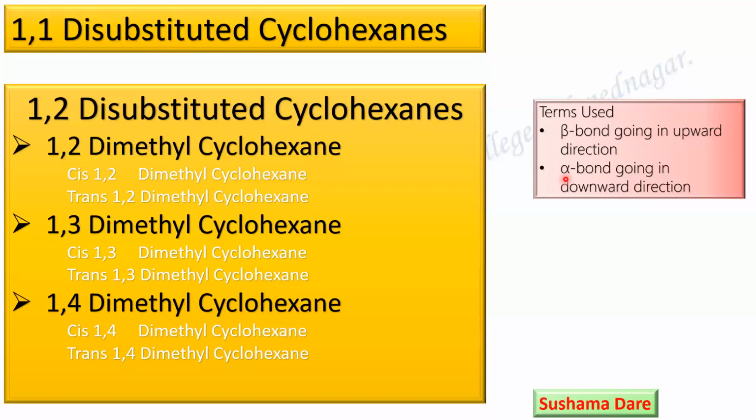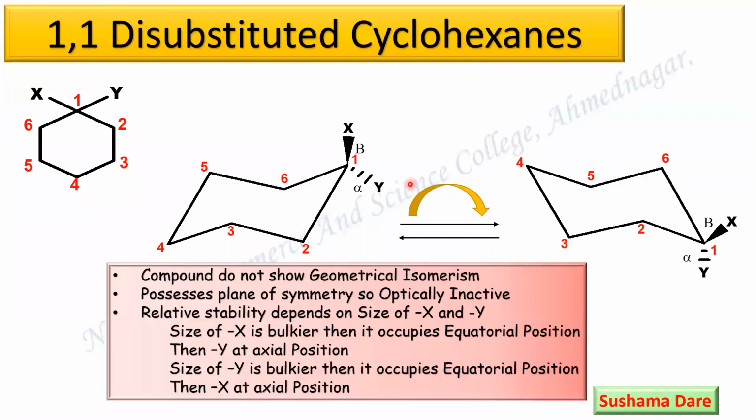Alpha means the bond is going in a downward direction, so it may be axial or it may be equatorial. So don't get confused between beta, alpha and axial, equatorial. These two terms are different. The same is true for alpha.